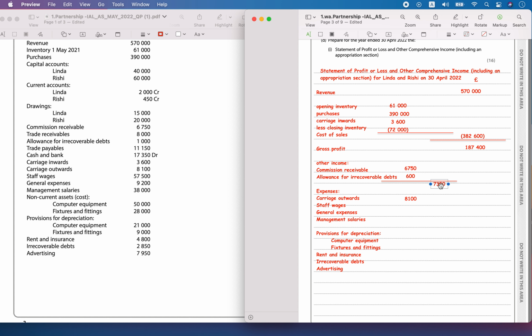And that you have to add with the gross profit. So plus 187,400, that should be equal to 194,750.